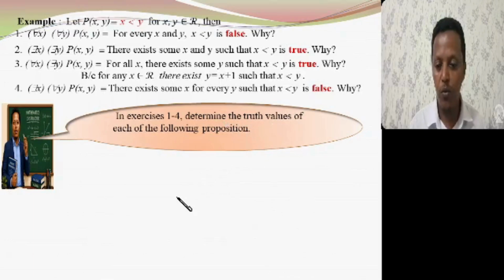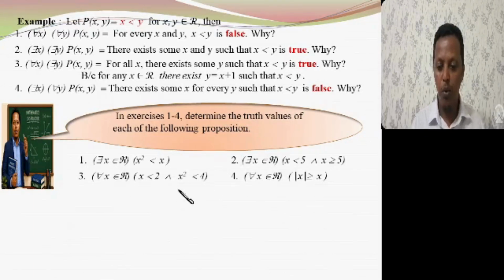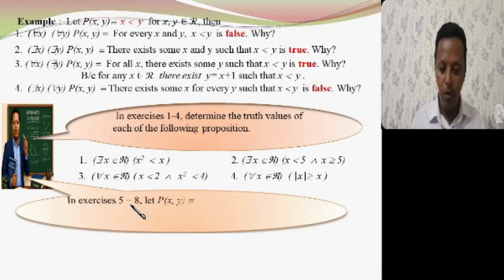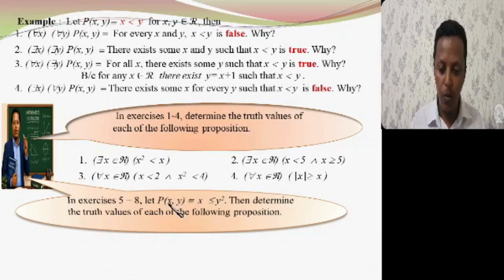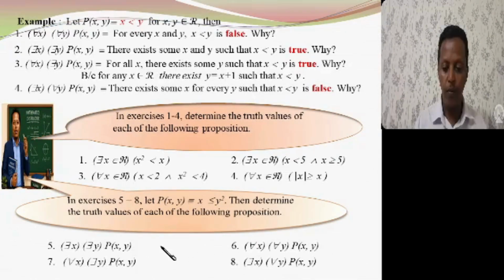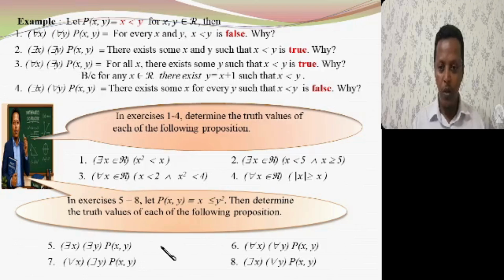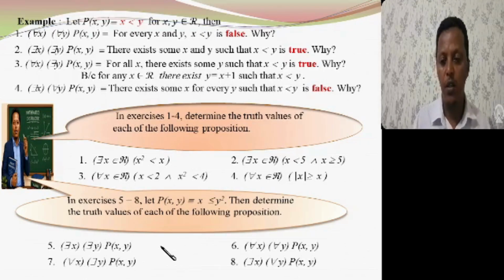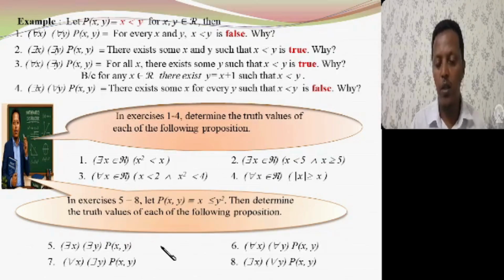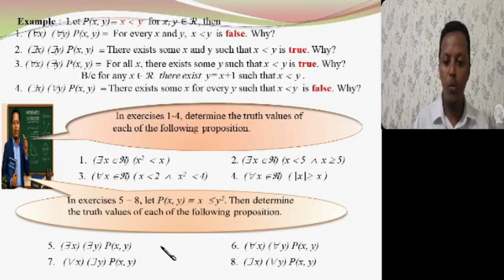Just determine the truth values of each of the following propositions, 1 up to 4, plus 5 up to 8, considering P of xy, which is x less than or equal to y squared. Try to determine the truth values. I hope you understand the concept of open proposition and how we can apply quantifiers to convert an open proposition into a proposition.